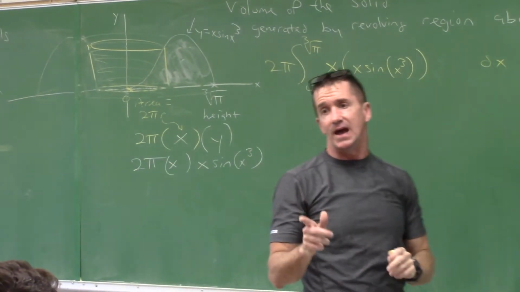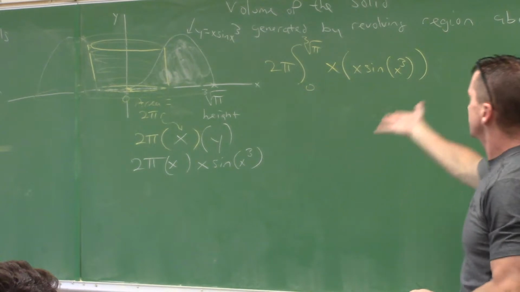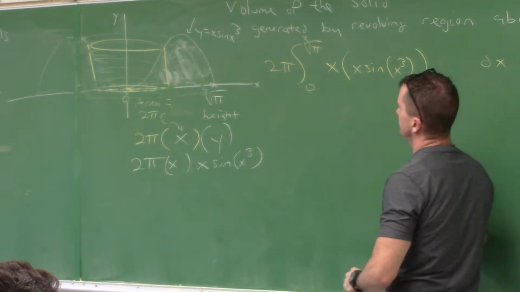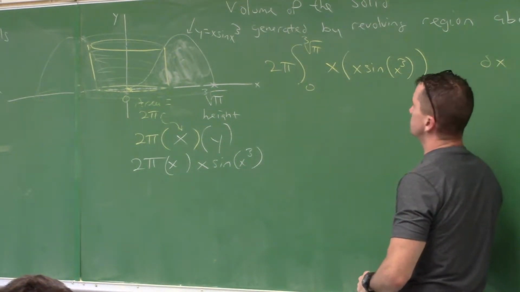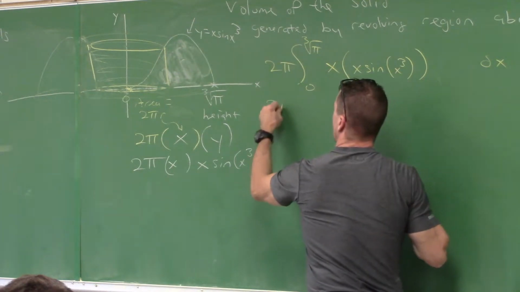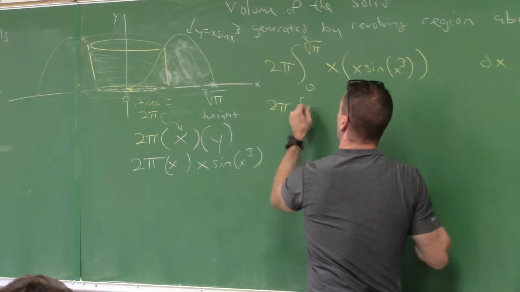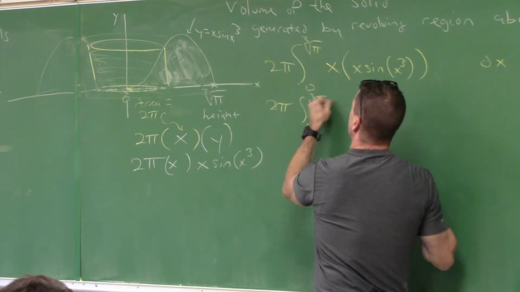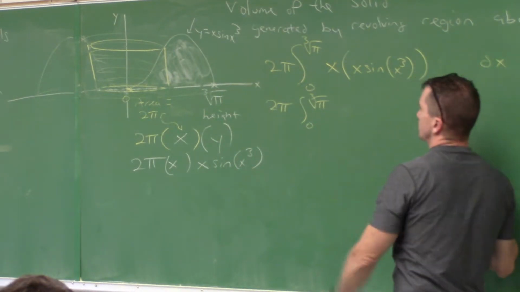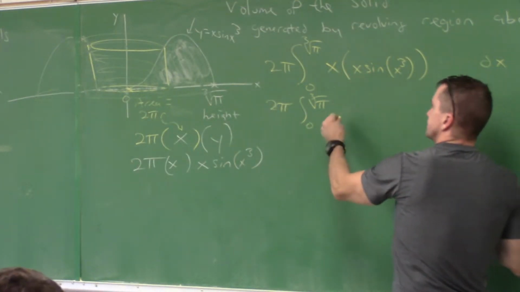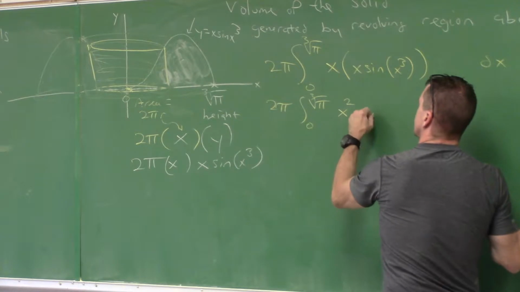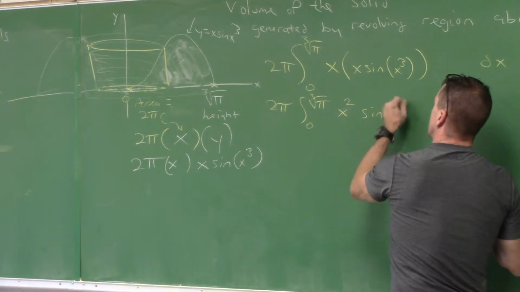But now we have that x with the other function, there's a way we can solve this. We've all come from Calculus 1. There's an integral technique, very popular, that allows us to solve this problem and other problems in our course. By the way, what is x times x? x squared. Sine of x cubed.